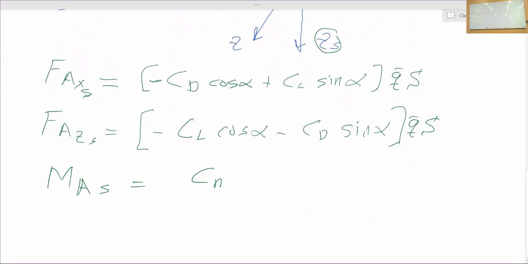So this is just Cm Q bar S C bar. So for each of the variables, the first one we're going to look at is U over U1. So this is a small velocity perturbation. And we're going to look and see, well, what does that change?